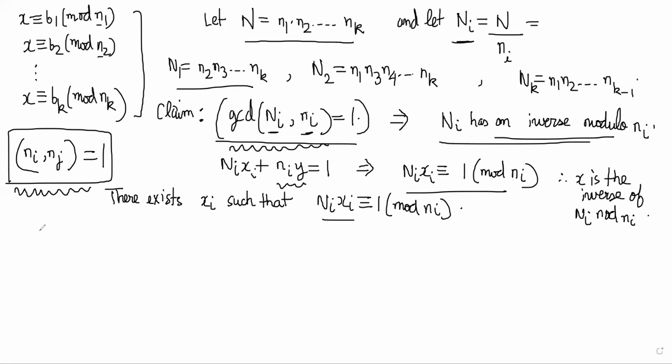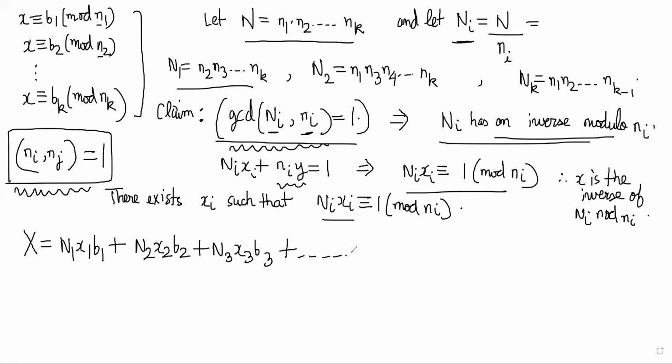So let's now look at this number. Capital X is equal to N1 X1 b1 plus N2 X2 b2 plus N3 X3 b3 and so on till Nk Xk bk.